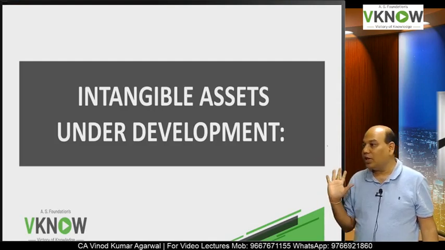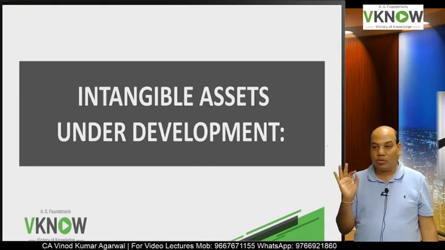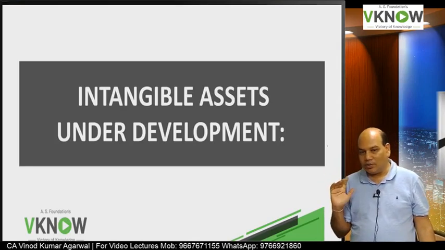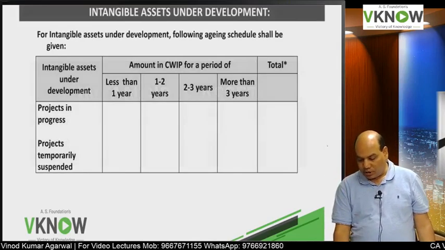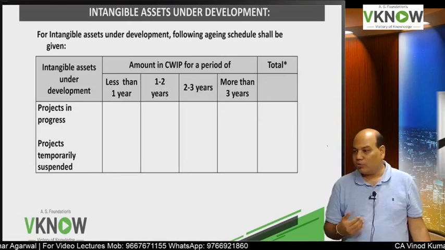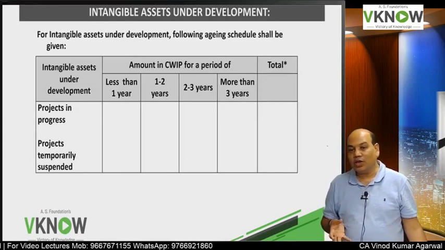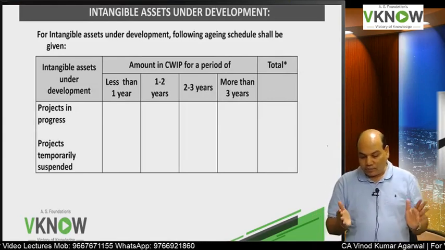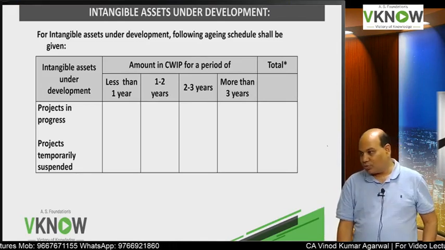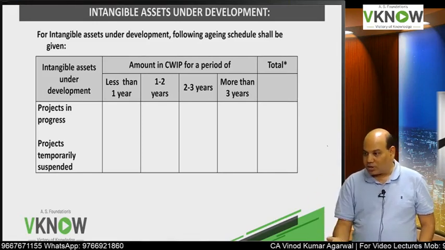Same thing for intangible assets under development. In the earlier format, we had only one line item in the balance sheet, intangible assets under development. A lot of money, billions of rupees, crores and crores of rupees, is blocked there, but we don't know what is happening. So now we'll get a chance to look inside: whether the funds are blocked for 1 year, 1 to 2 years, 2 to 3 years, more than 3 years, which are in progress, which have been temporarily suspended.